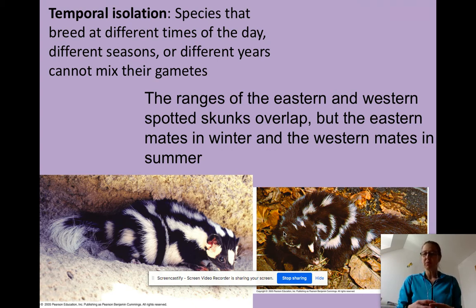So even if those two populations were together, they're no longer going to be able to have offspring because they're not mating at the same time. So those two populations will no longer mix. Temporal isolation could be if they're breeding at different times of day, different seasons, different years, and their gametes just aren't going to mix because maybe the females are not in estrus or not fertile at that moment.